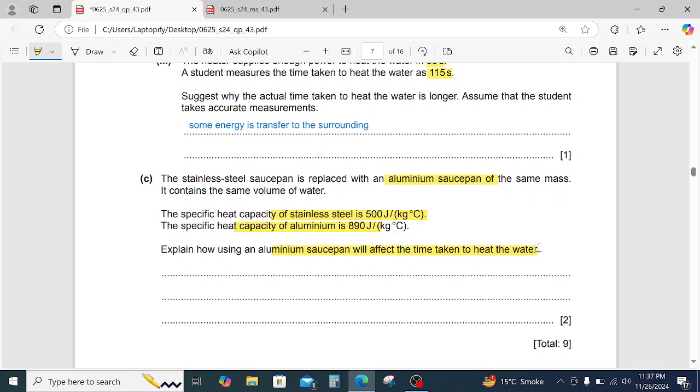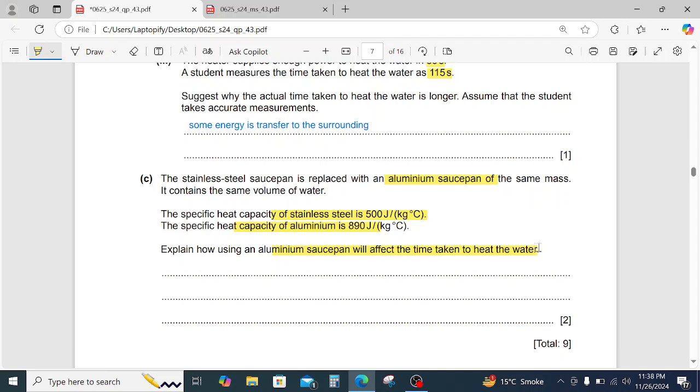Remember one thing: the material that has more specific heat capacity takes more time to heat up. The material that has less heat capacity can have its temperature rise by absorbing a small amount of heat energy.